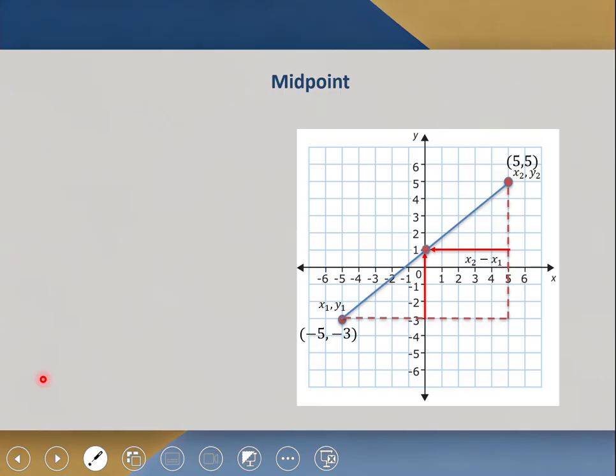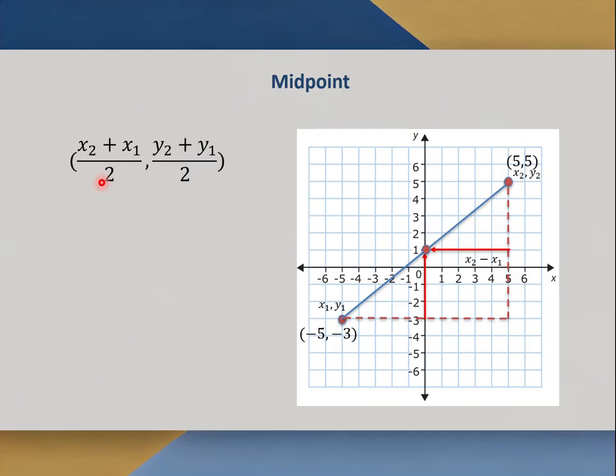If we think about the formula, to find the midpoint of this horizontal line, we would have added x1 and x2 together and then halved it. Likewise, to find the midpoint of the rise, we would have added y2 and y1 together and then halved it to find the middle point. So let's put the values in.